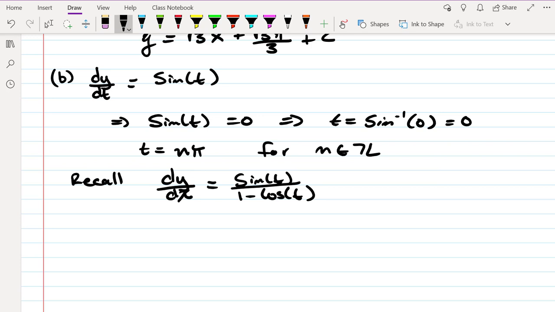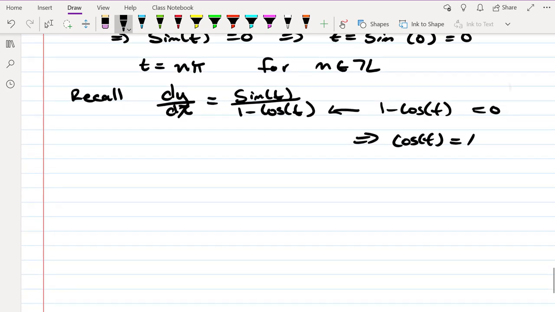So we have our derivative here, and we'll notice that we have 1 minus cosine t is equal to 0 when cosine t is equal to 1.